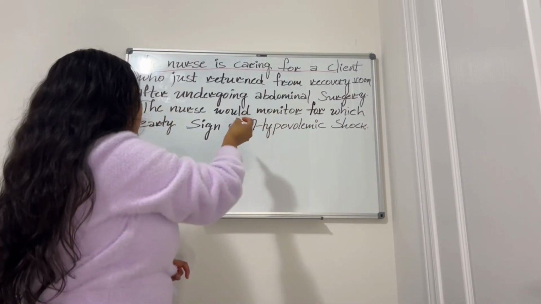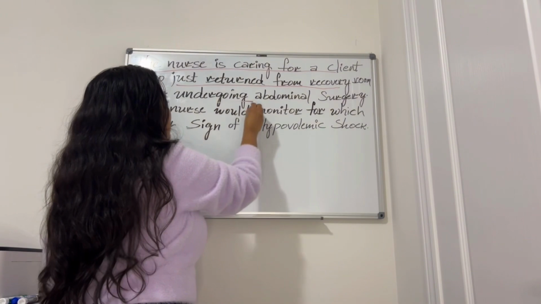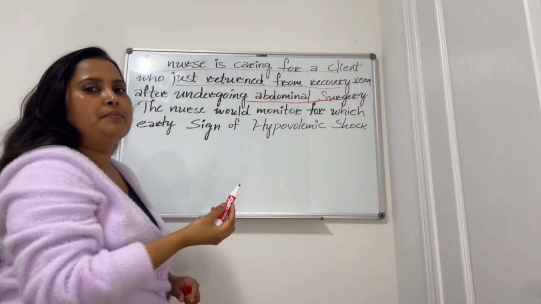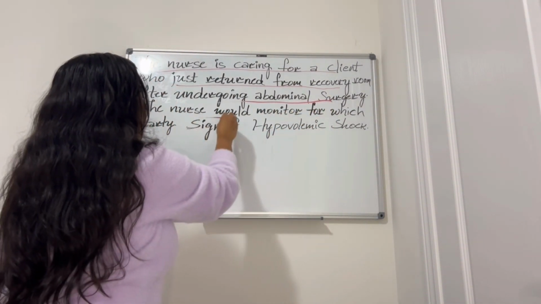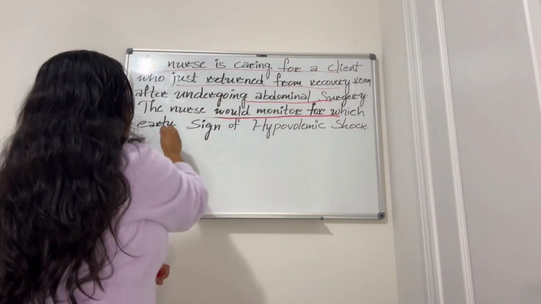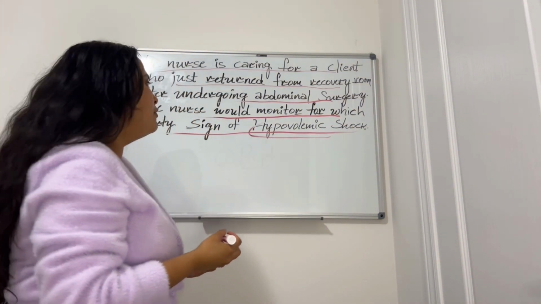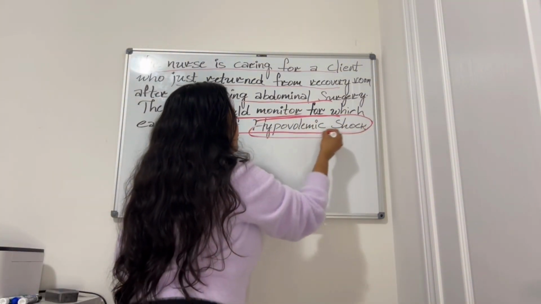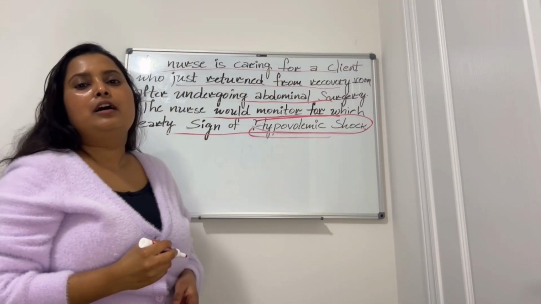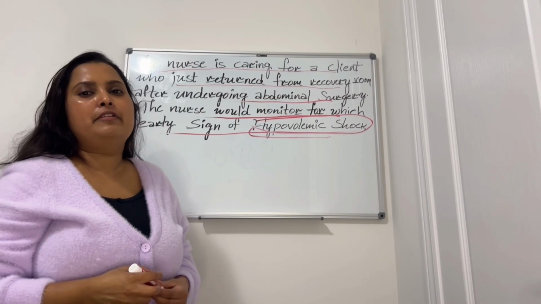We are caring for a client who just returned from recovery room after undergoing abdominal surgery. And the second part is the nurse would monitor for which early sign of hypovolemic shock. So this is straightforward: we are looking for the early signs of hypovolemic shock. That's how you need to rephrase the question.